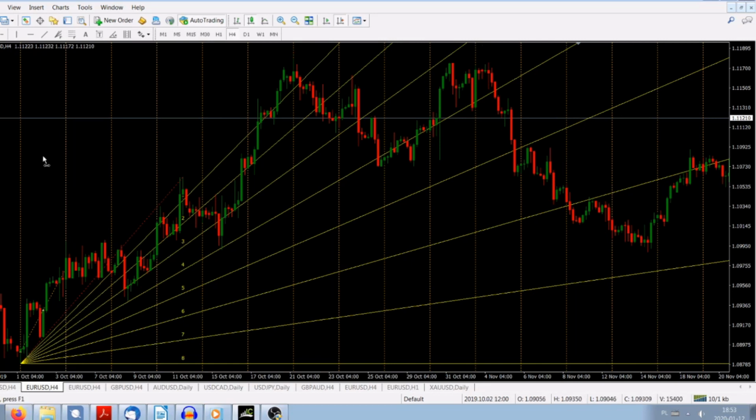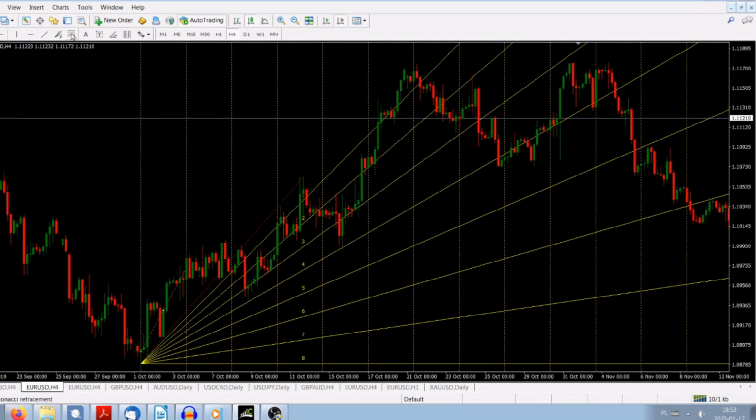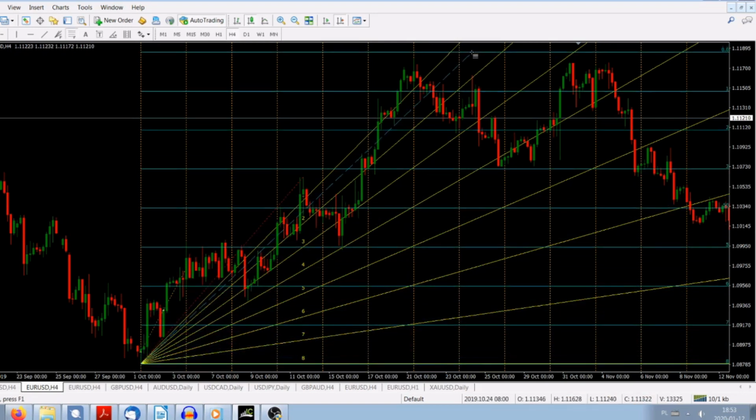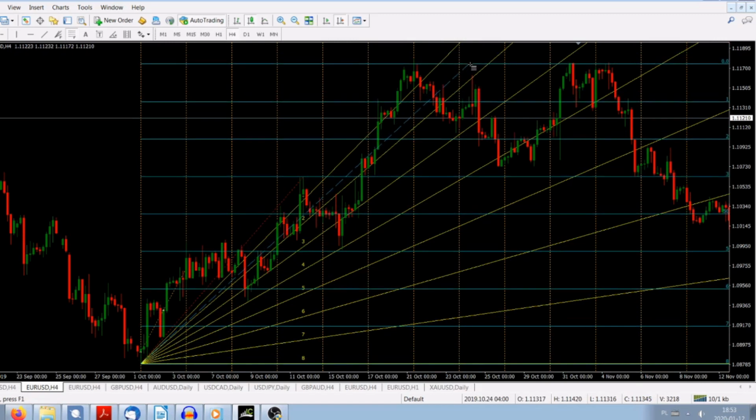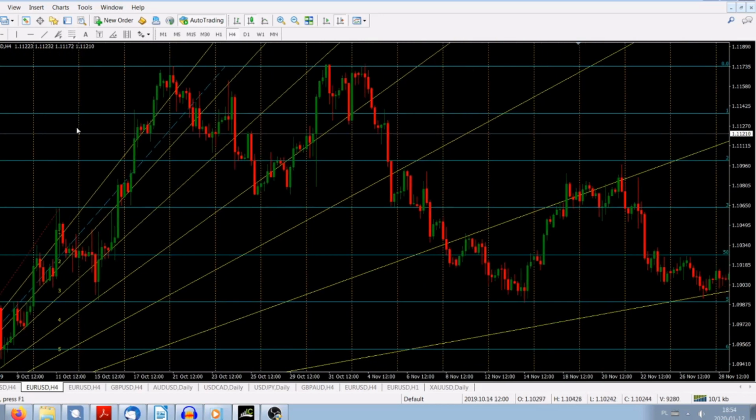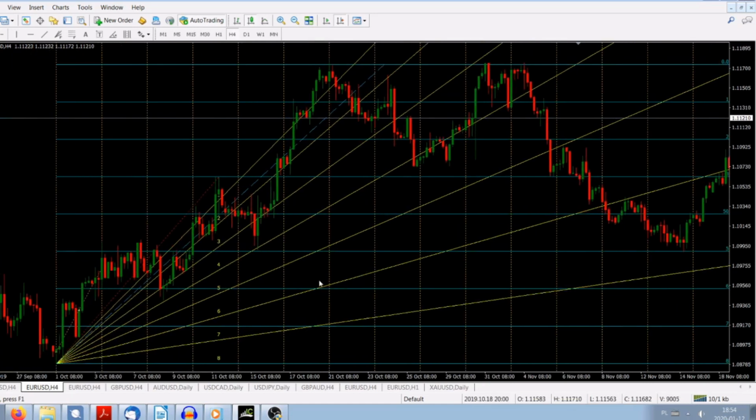Another one, I put something like Fibonacci retracements, but they are set again in different way. So as soon as the market hits the top here, I put the retracement, and that's what we've got. Look, this is again from 0 to 8. So we got 1, 2, 3, 4, 5, 6, 7, 8.